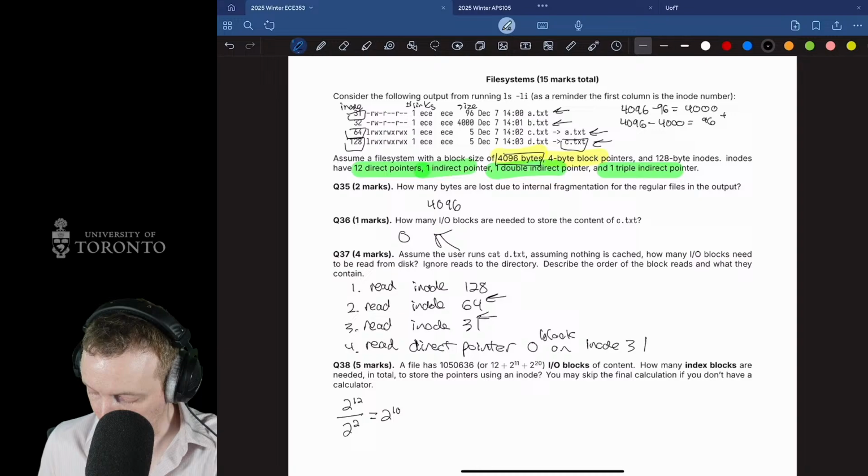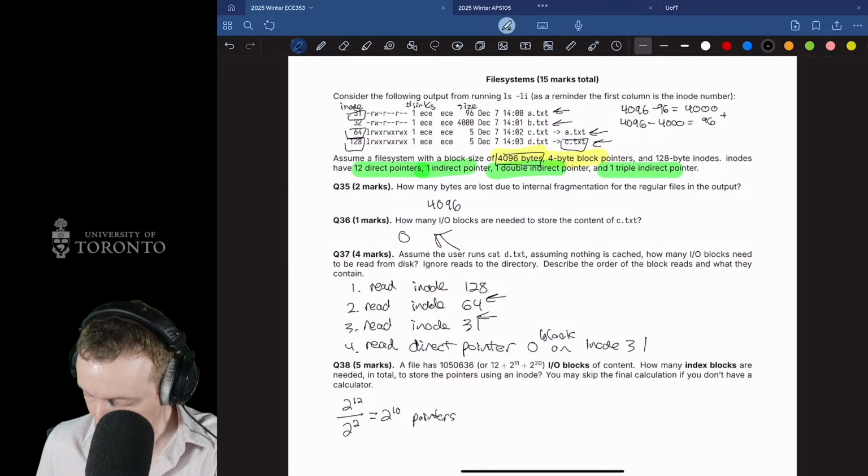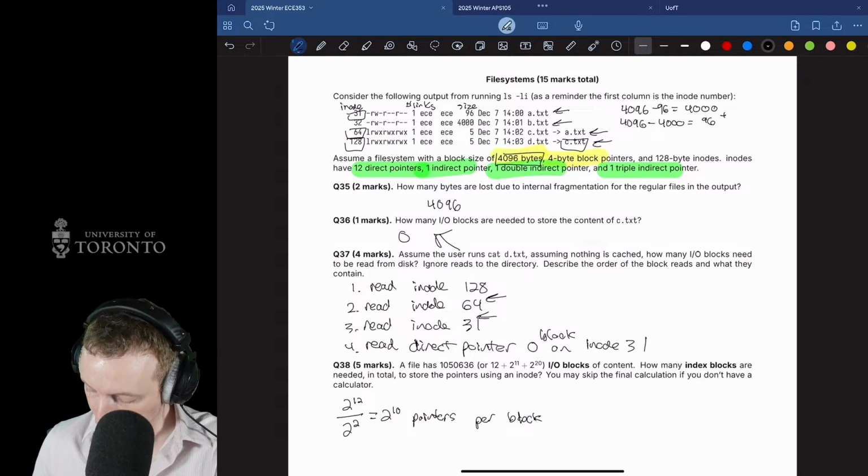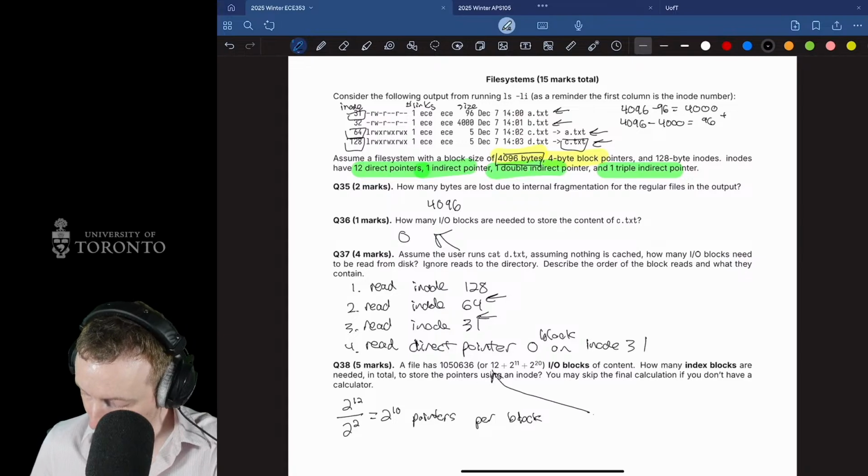So it means we can fit 2 to the 10 pointers per block. So these 12 are covered using the direct pointers.